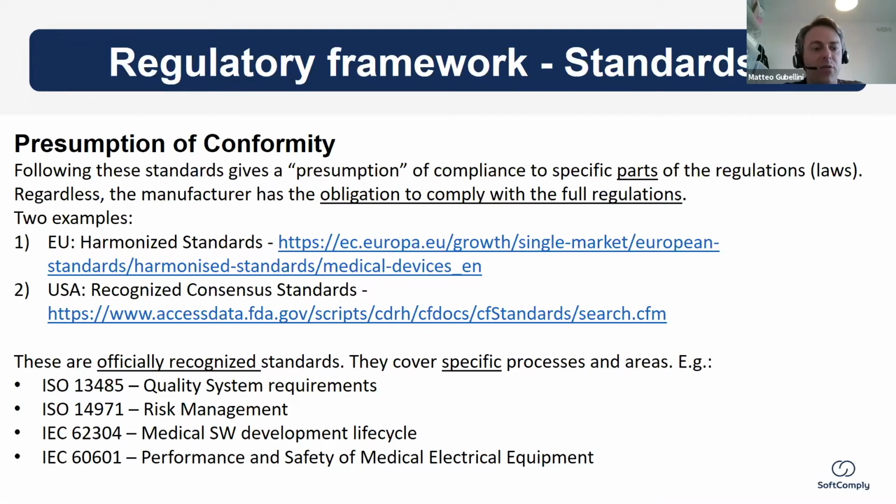Meaning that, for example, if you apply 13485, you have a quality system based on 13485, and you get a certificate of compliance to 13485, then there is a presumption of compliance in different countries and different jurisdictions that you comply to the requirements of the quality system.